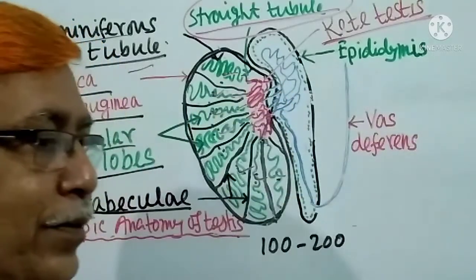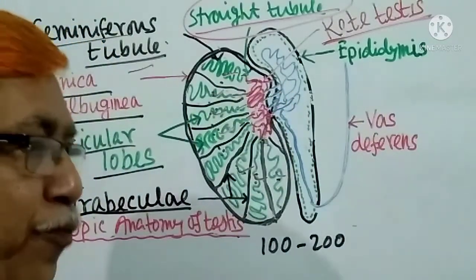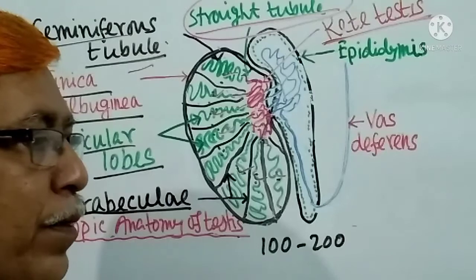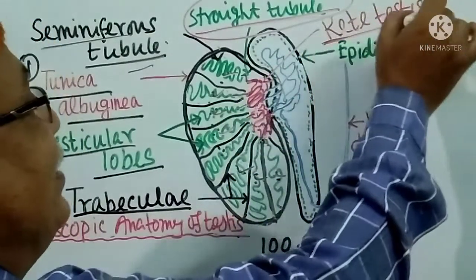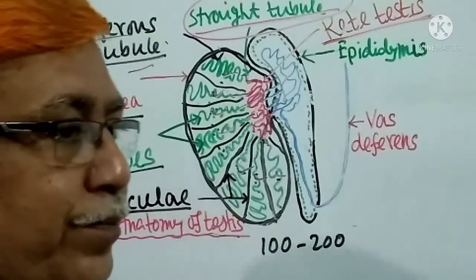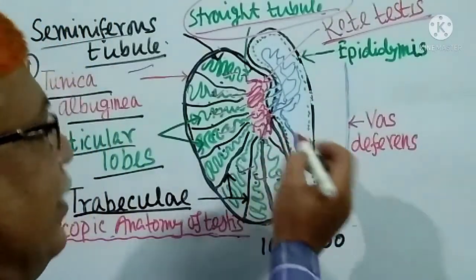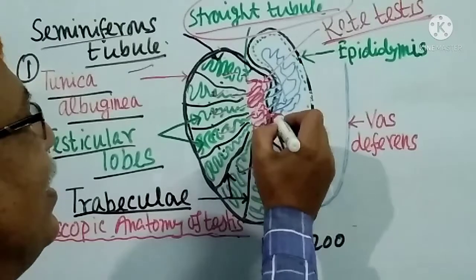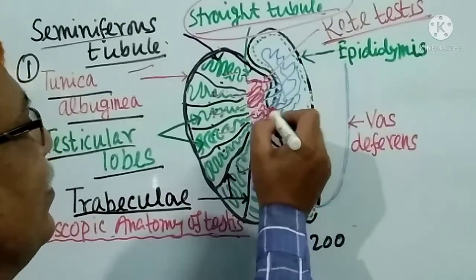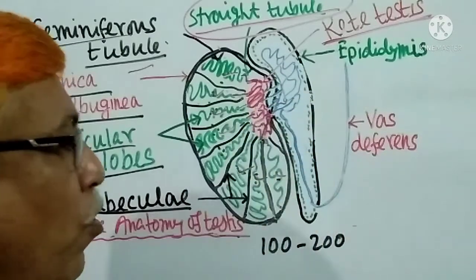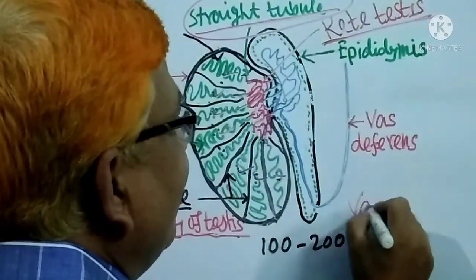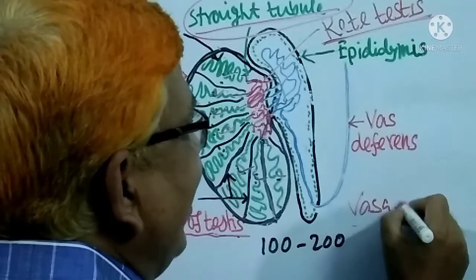Straight tubules from each testicular lobe again unite to form a reticular structure. This is called rete testis, and from rete testis arise tubules called vasa efferentia. These tubules connect rete testis to the epididymis, and they are called vasa efferentia.